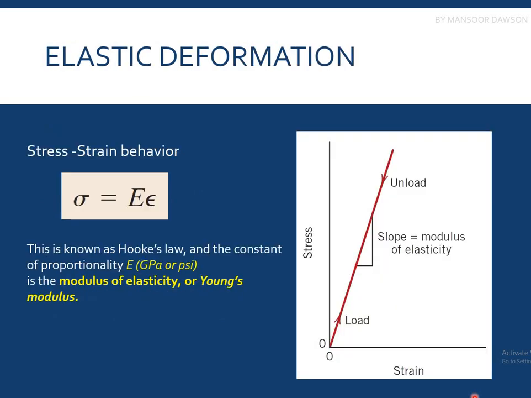So elastic deformation. What is basically elastic deformation? I'll give you an example of a rubber band. If you have a rubber band of this length, let's suppose 3 centimeters, you stretch it out to 5 centimeters, and then you unstretch it, so it comes back to its original length of 3 centimeters again.